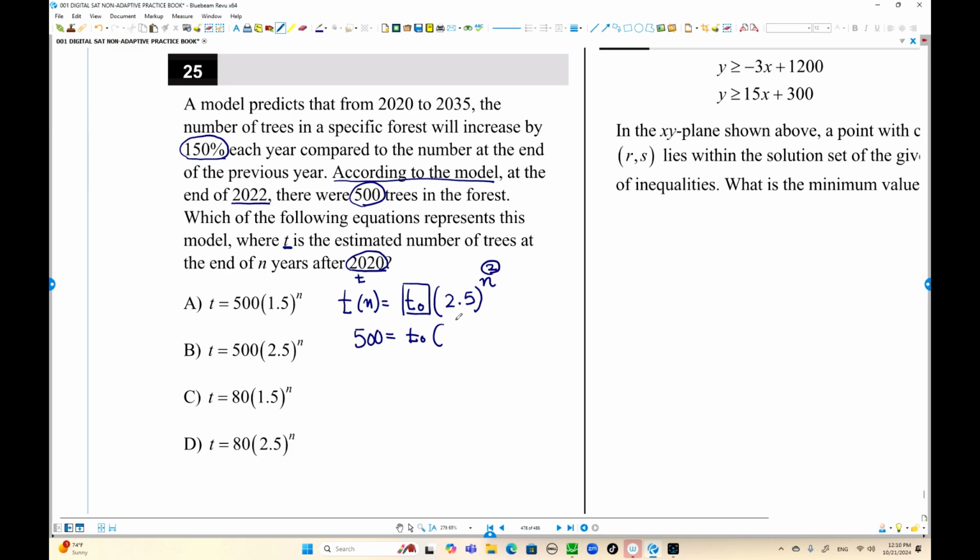And it's 2 years. That is 6.25. When you divide by 6.25, T0 equals 80. That is the initial value in 2020. We're going to count the number of trees from this value. So T n equals 80 times 2.5, increased by 2.5 every year, to the power n. That's the answer. So choice D is the answer.